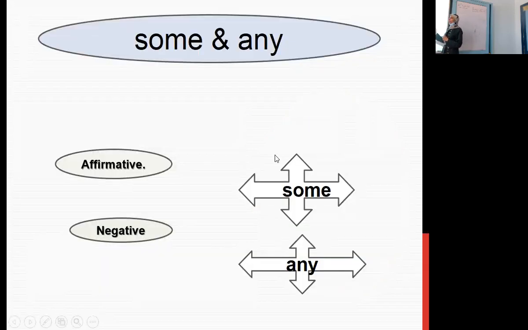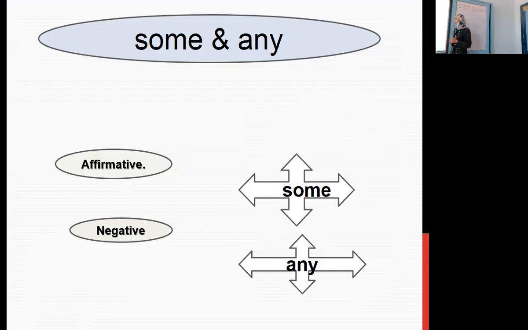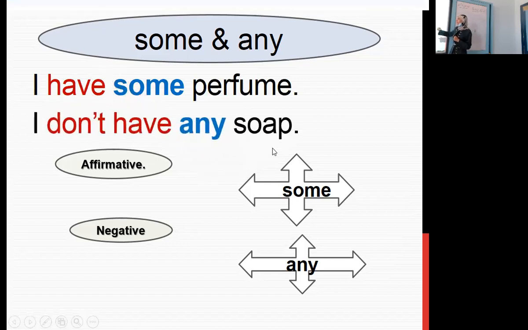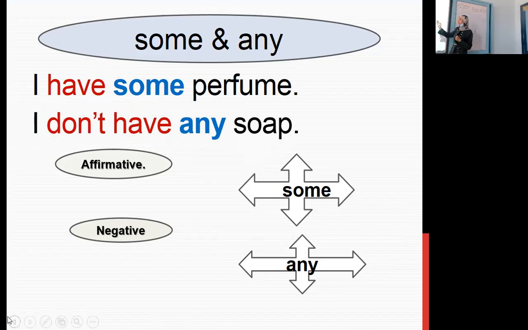Some and any, and these are very important. This is a very important point. Let's have a look at these two examples first, and then I'm going to explain. The first sentence says, I have some perfume, and the second, I do not have or I don't have any soup.